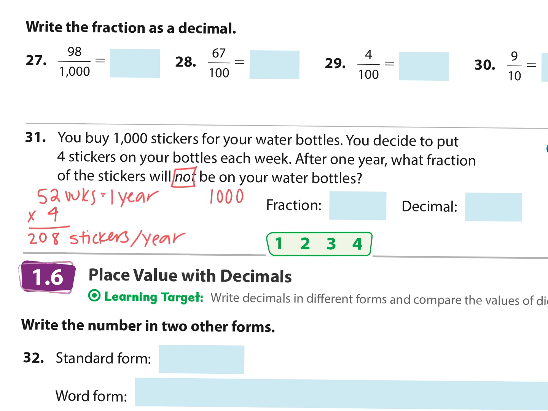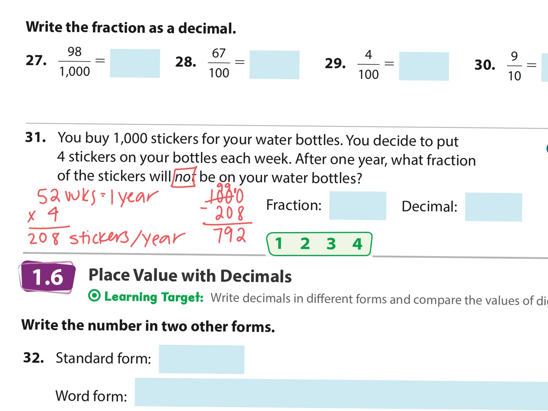I'm going to take 1,000 minus 208, and this requires me to do a lot of borrowing and regrouping. So coming all the way over here to my 1, to make this a 10, I'm going to make this 99. So 10 minus 8 is 2, then 9 minus 0 is 9, 9 minus 2 is 7.